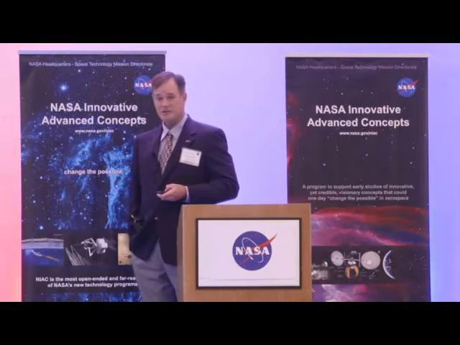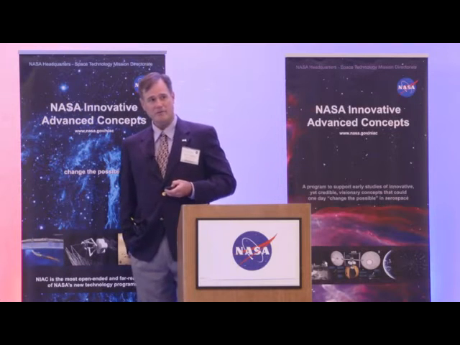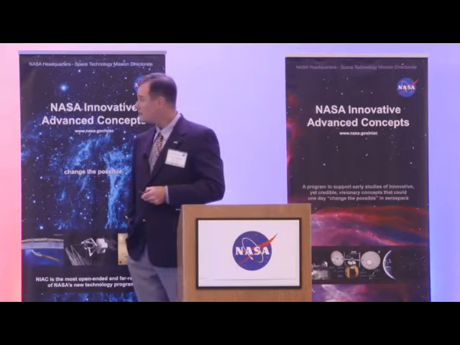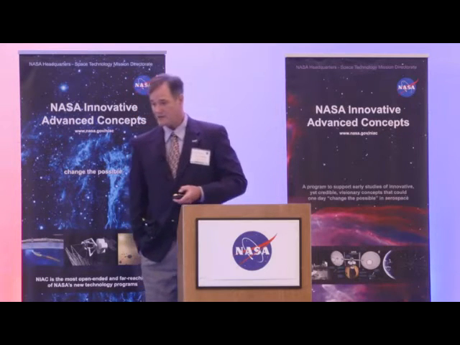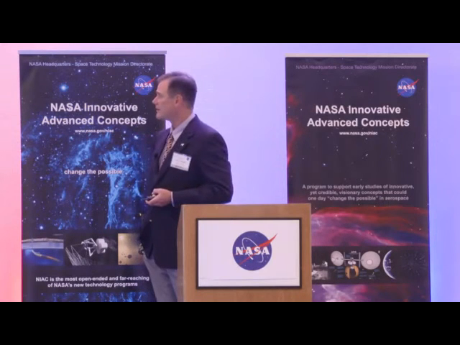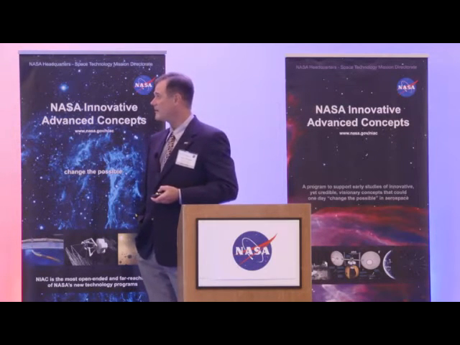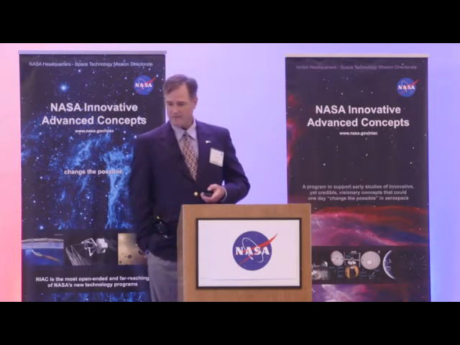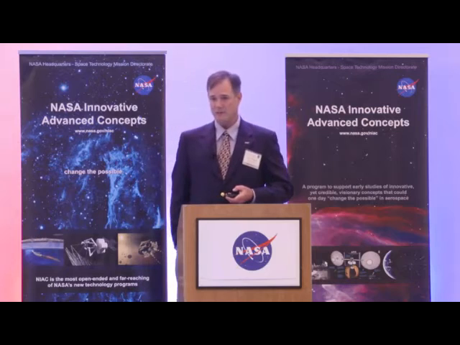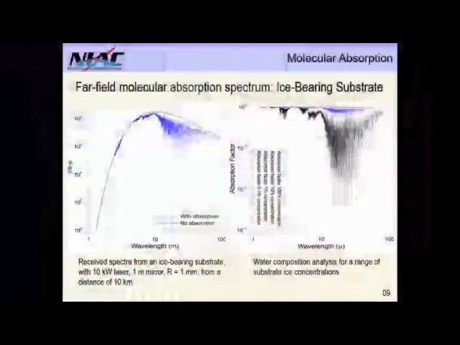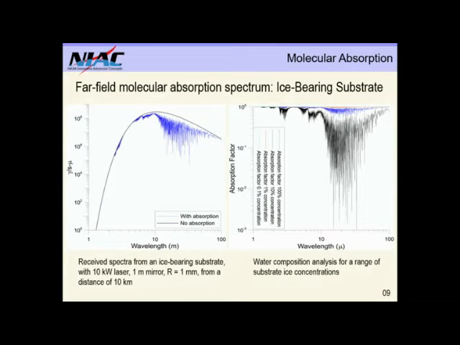But if you're interested in those details, there's a little more information on the poster, but the publication that's there will walk you through step by step what we're doing. And this is the end result of that modeling, right, this is for an ice-bearing substrate. And so we use the model to predict what kind of absorption there's going to be across infrared wavelengths at about 2,500 kelvins, right?